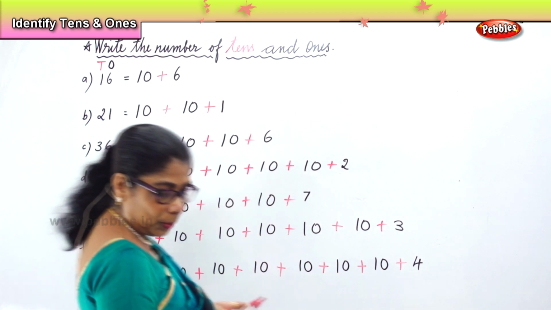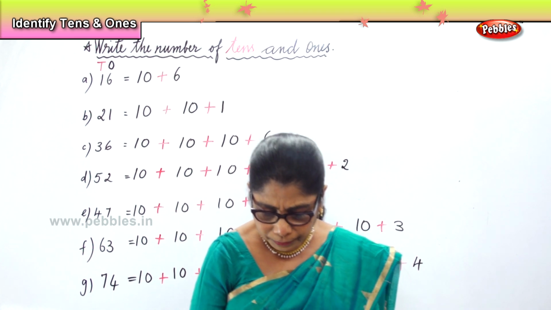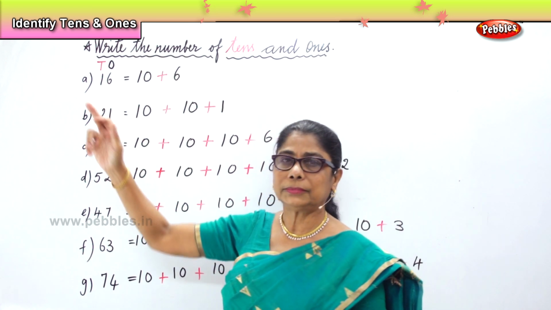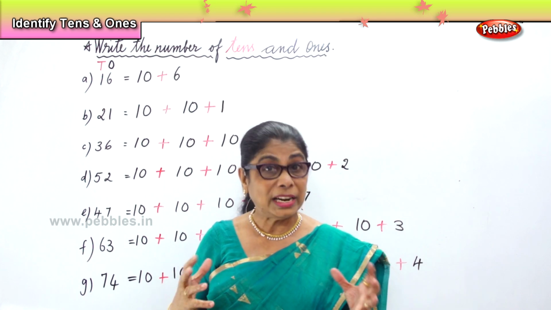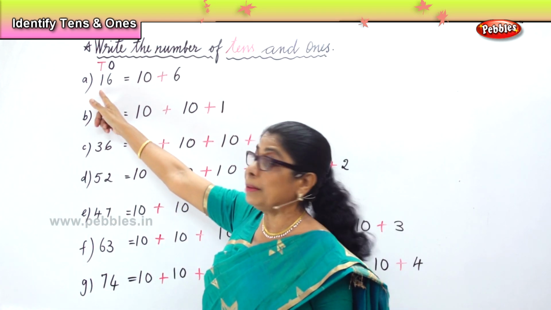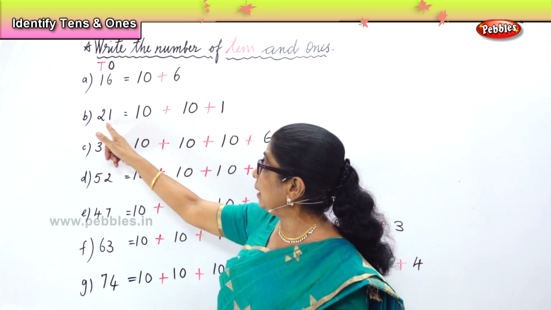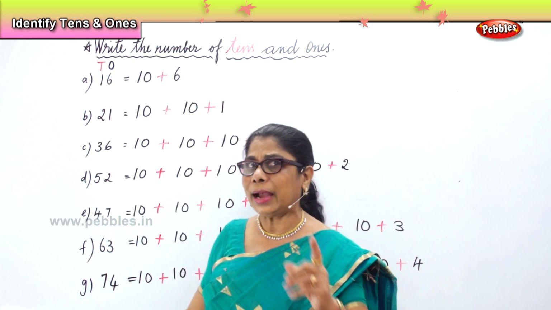Tens, ones, tens, ones. Now, when you are given a numeral, you look, the first number is in the tens place, the next number is in the ones place. You must look at that. Tens place, ones place. So you must be able to identify that.